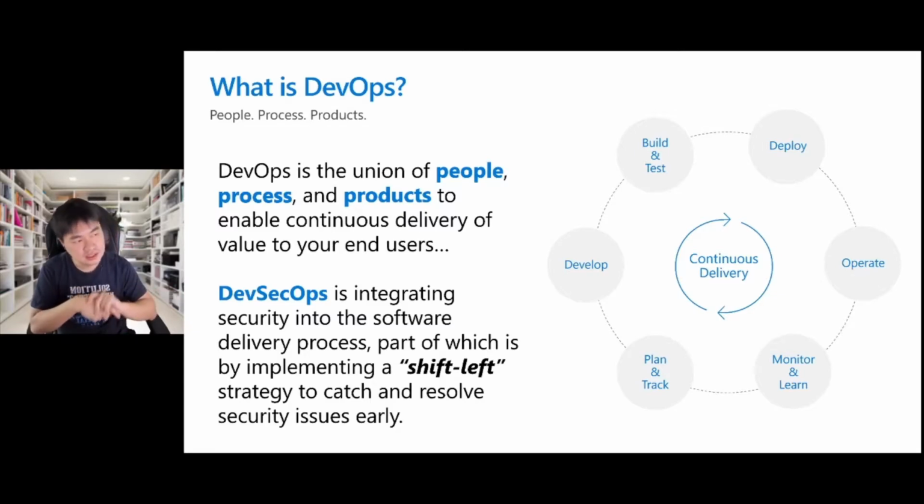The session today is more about products, but maybe I should read from this slide first. So people, process, and products, and then DevSecOps. Later on, I'll show you what it is really. But essentially, rather than doing all the security checks towards the end of the project, we're trying to shift that forward, or shift that to the left of the cycle, and do the security scans at the beginning.